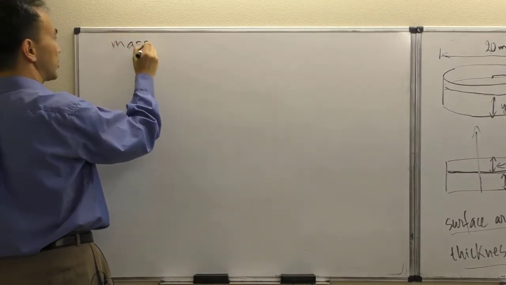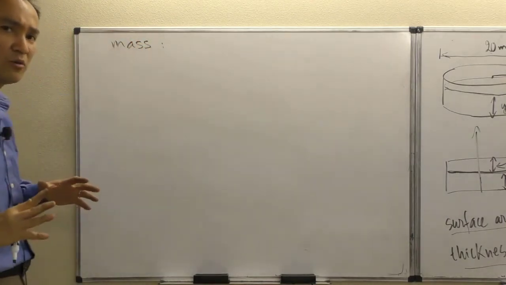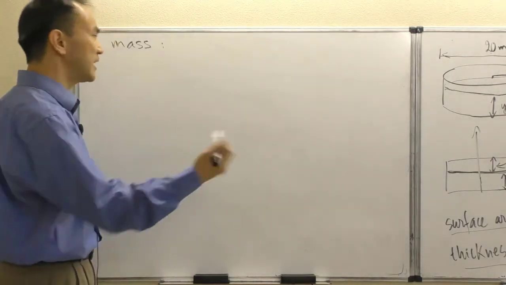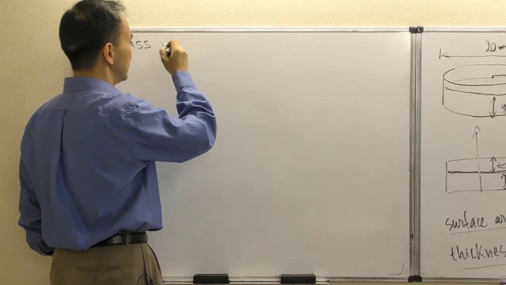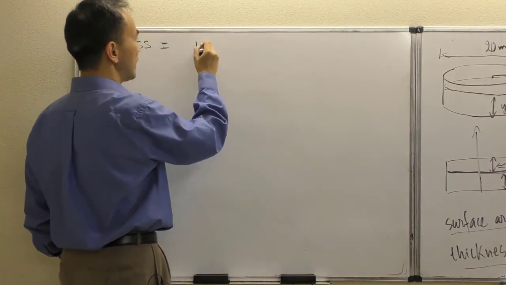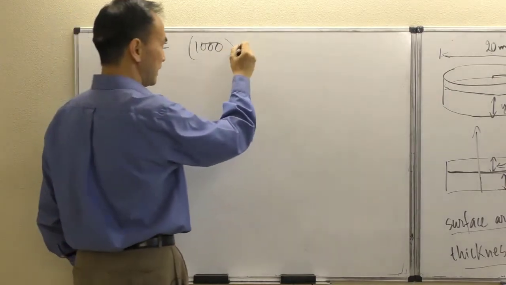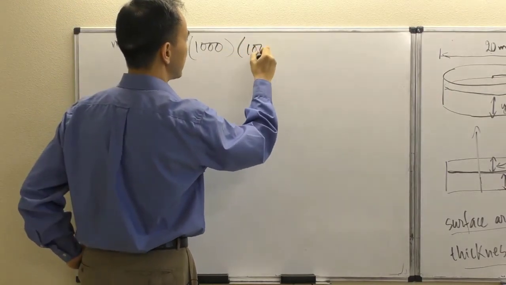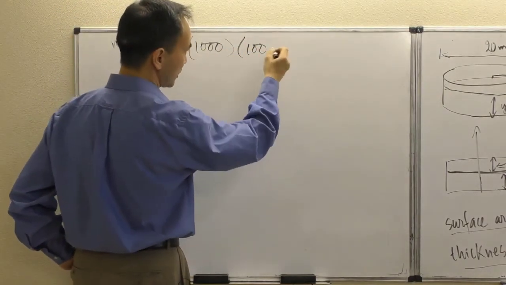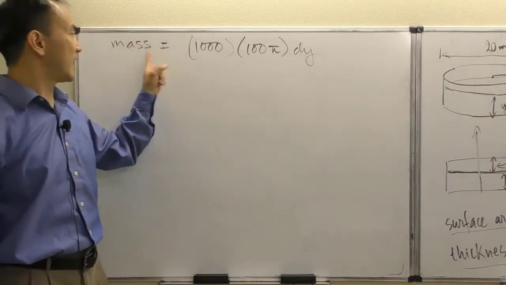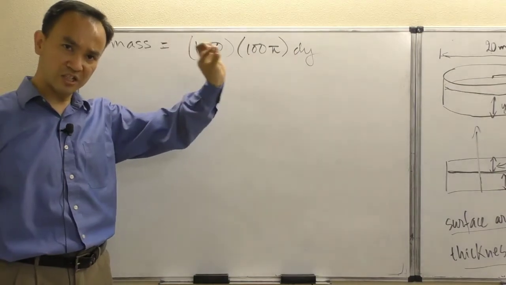When we're going with the SI units, instead of going straight into weight, we will get to weight eventually, but mass first, right? We have known density. So mass here is the known density, 1,000 kilograms per cubic meter, multiplied with the volume previously found as an expression, 100 pi dy. Now we have our mass for one thin slice of water.